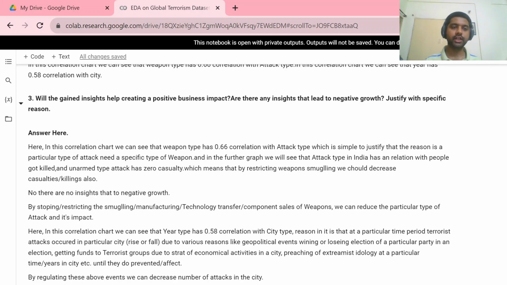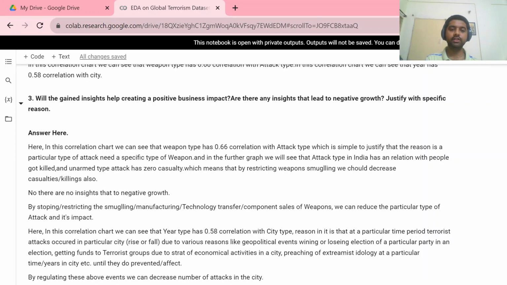In this correlation chart, we can see the weapon type has a correlation of 0.66 with the attack type, which simply justifies that a particular type of attack needs a specific type of weapon. The solution we get from here is that by restricting the smuggling, manufacturing, technology transfer, and component sales of weapons, we can reduce the particular type of attacks and their impact.